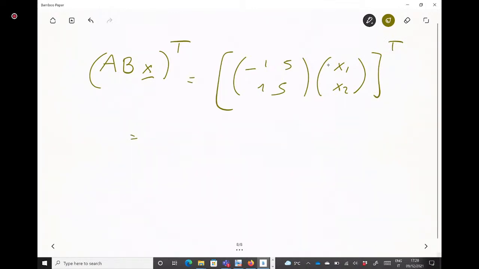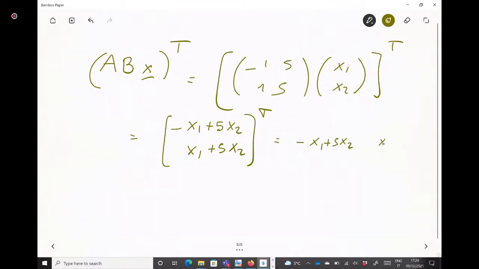So it becomes minus x1 plus 5x2. Remember that the result here is a column vector. The first component is minus x1 plus 5x2. The second component is x1 plus 5x2. Column vector. But now we have to transpose it. So it is equal to the row vector (minus x1 plus 5x2, x1 plus 5x2).